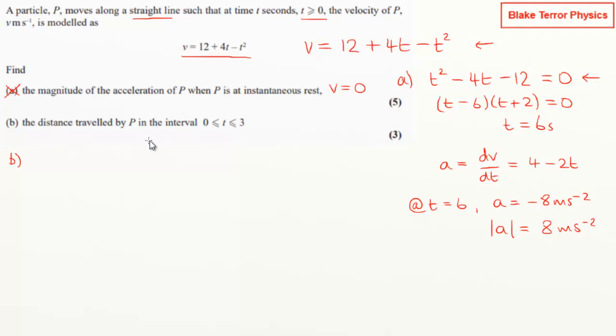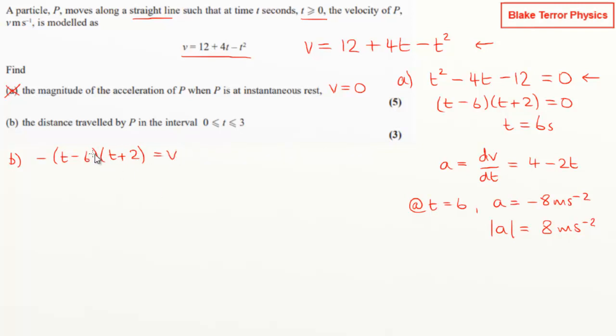And are we going to have a change of sign in the velocity between 0 and 3 seconds? Well, we can look at our velocity function, which is this. So let's check. So this is what our v is: minus (t minus 6)(t plus 2). I'm just putting that minus back in again to get the original velocity function.